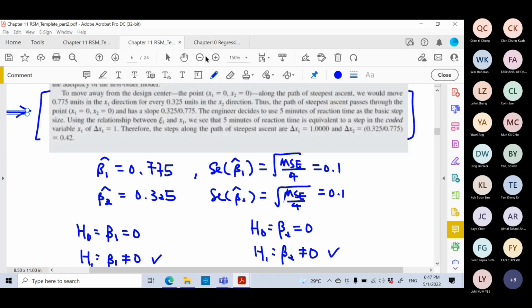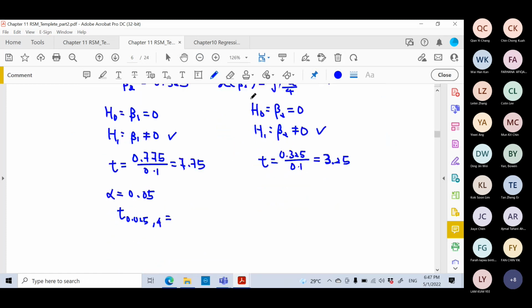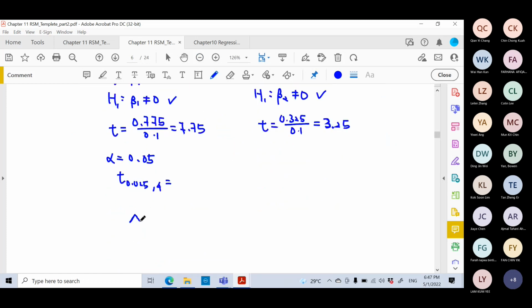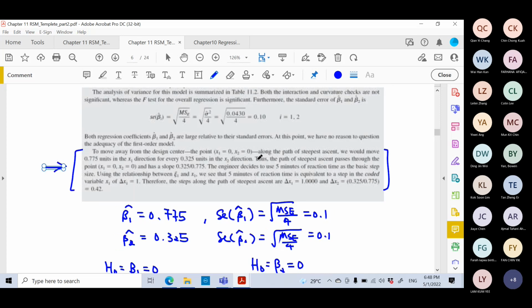This is what I mentioned just now, based on the equation we have: y hat equals the mean, for the first one 40.44, plus 0.775 x1 plus 0.325 x2. So the moving size of x1 is 0.775, and for x2 it will be 0.325.